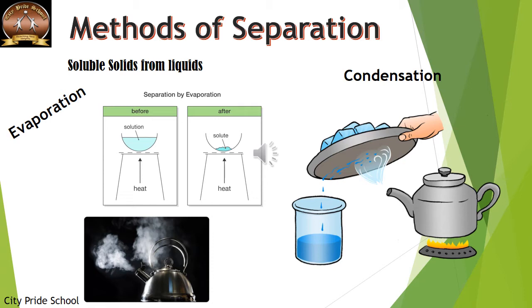How do you know that water has evaporated? When you condense that water, when you bring a colder surface near those vapors, what you will observe is that these vapors condense and again change back to water, which is collected in the beaker, right? These two processes.